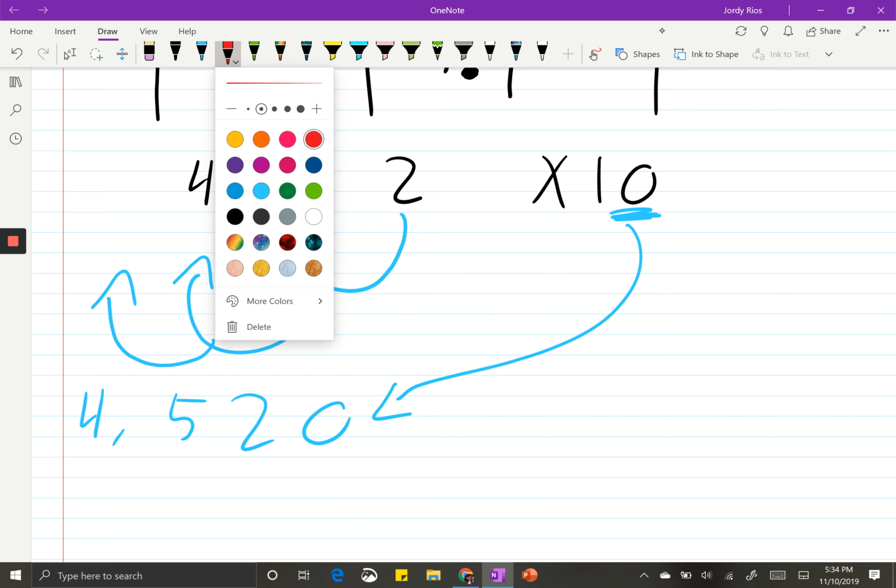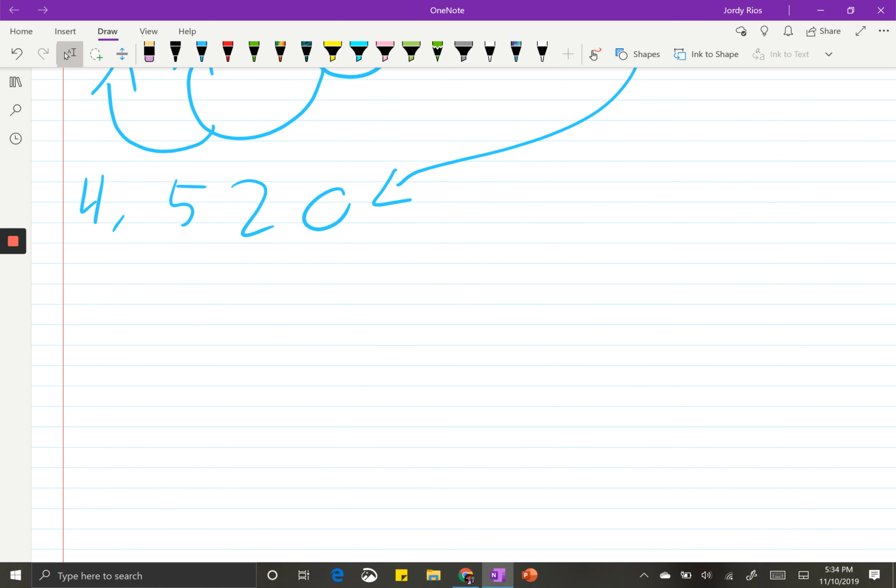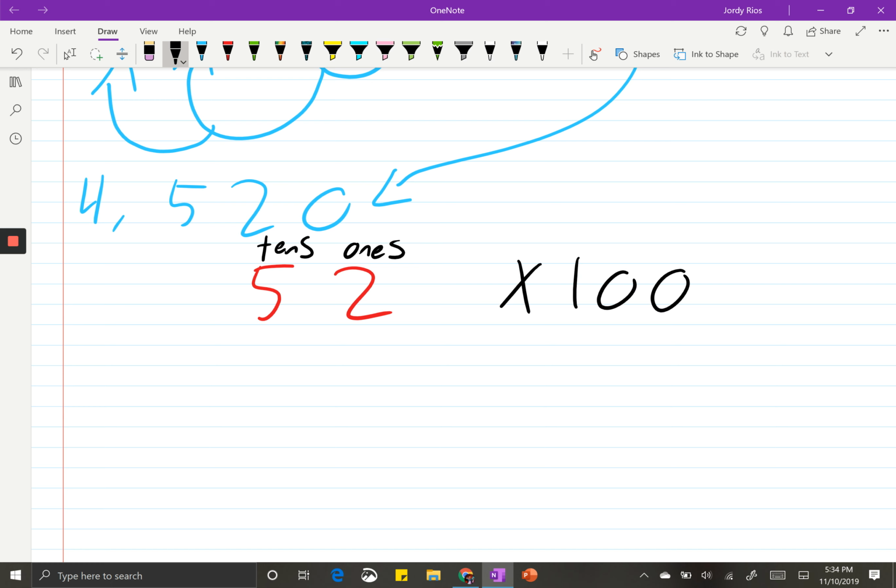So if I were to do this again with 100, let's say I had 52. This would be my ones place value, this would be my tens place value, and I want to multiply this by 100. How many times am I going to move over? Well, that's going to determine how many zeros I have, so I'm going to move it over twice.